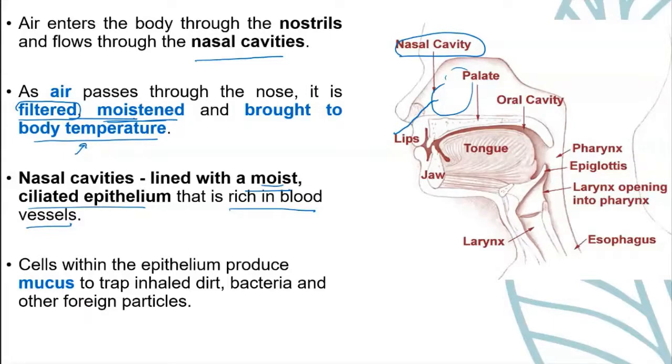Okay. So cells lining the epithelium produce mucus to trap inhaled dirt, bacteria, and other foreign particles. So if you notice this, dia related to your immune system jugalah kan.